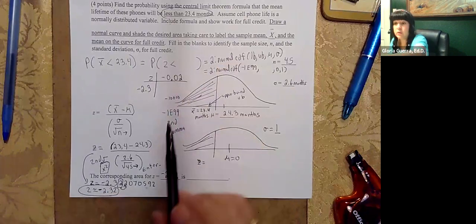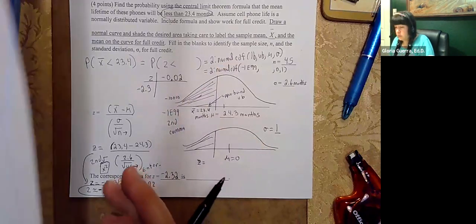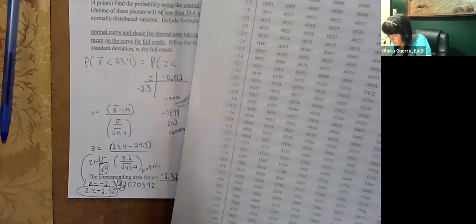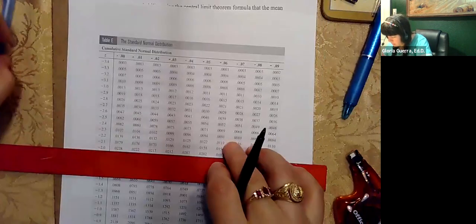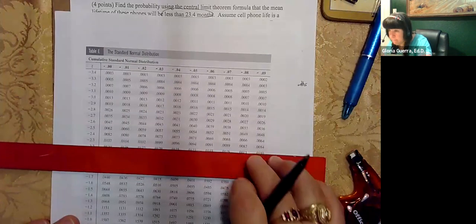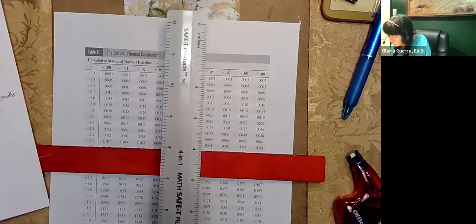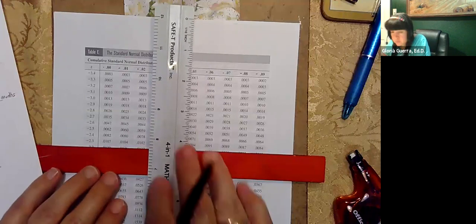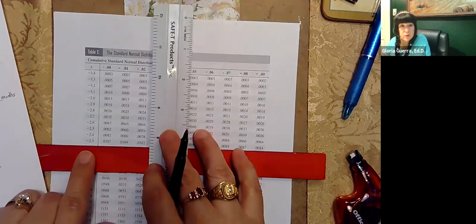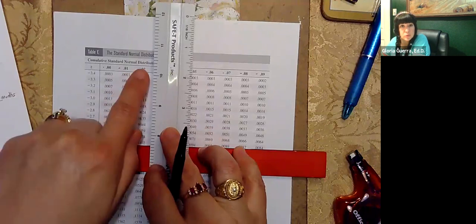So when I look that up on my table, I'm on the negative 2.3 and then 2.